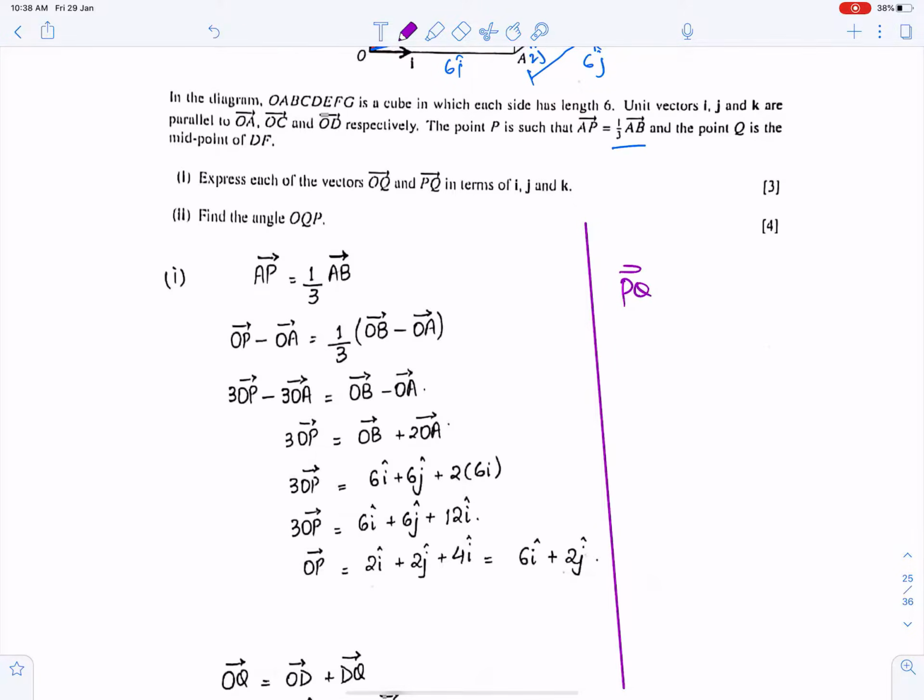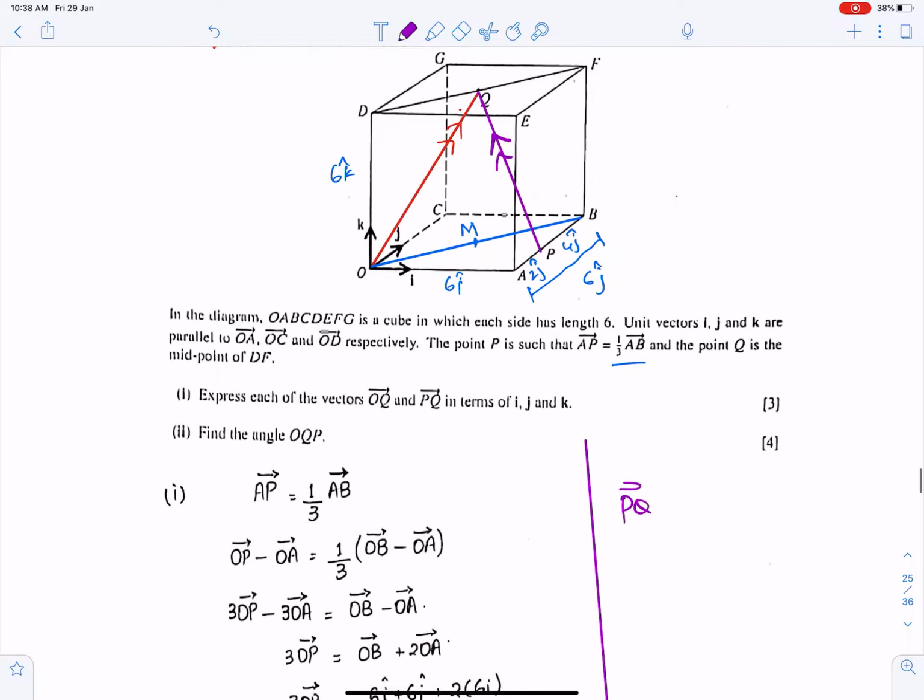PQ is, according to this diagram, it should be PA plus AO plus OQ. This will give you PQ. And PA is negative 2J because AP is 2J and we are going in the opposite direction. And OA is 6I, therefore this will be negative 6I.